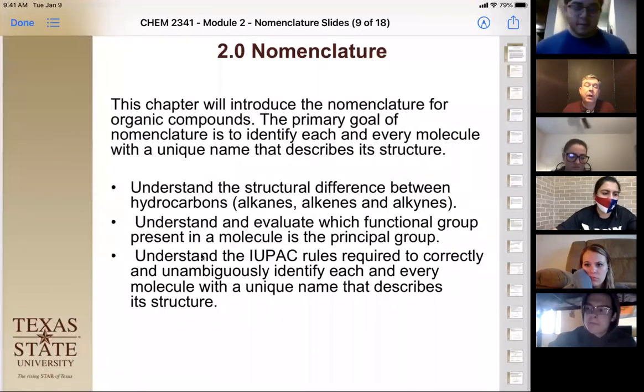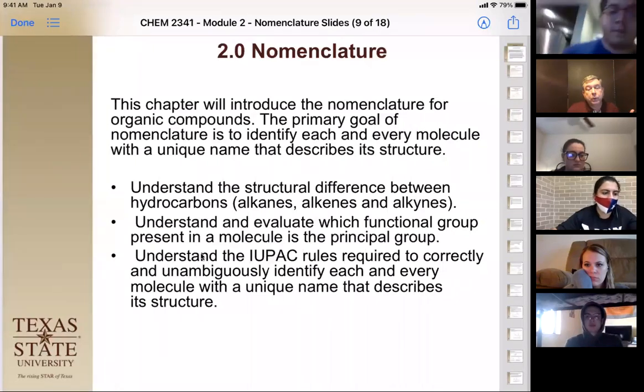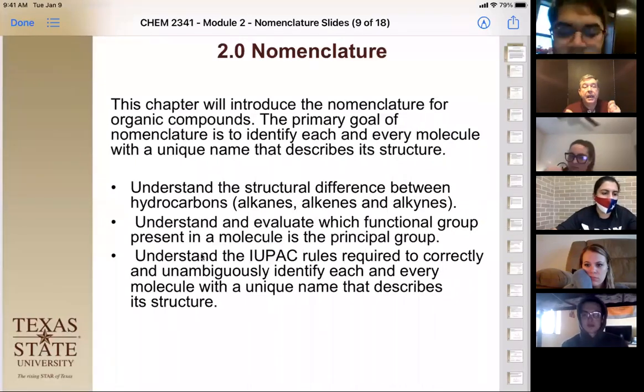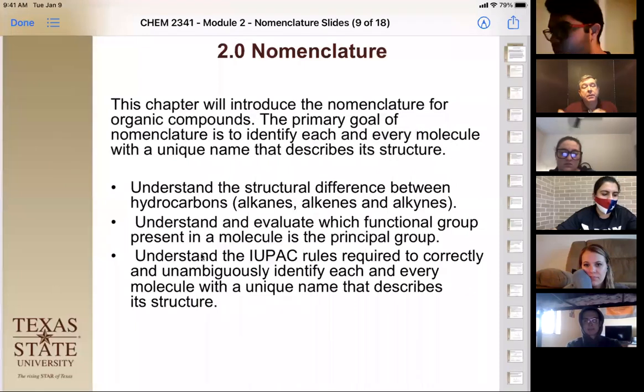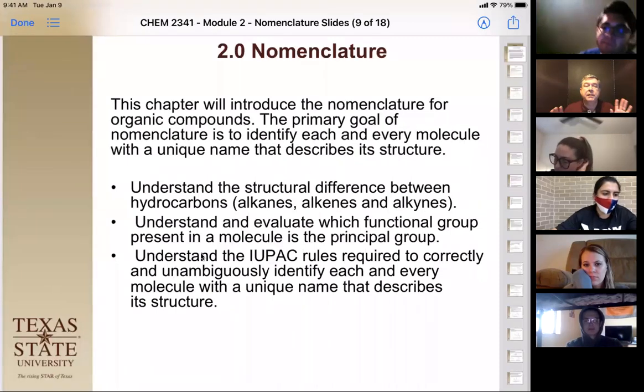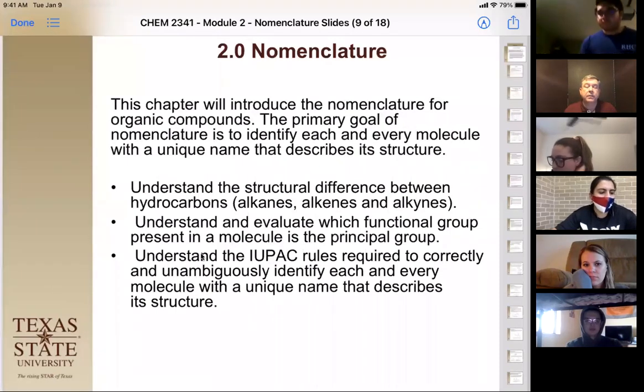I said when we were bonding, we have different types of bonds. We have polar bonds and non-polar bonds. And the polar bonds are the ones that are going to do more chemistry. And we had single bonds, sigma bonds, which were not very reactive, but double bonds and triple bonds are more reactive. Okay, so because of that, they have different names because they have different reactivities. And we're going to understand that.